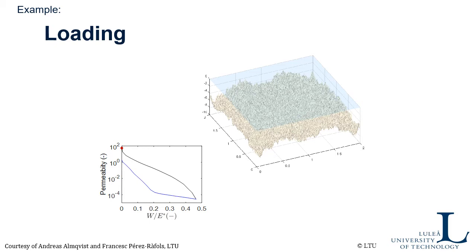We have some examples here from a nice work from Almqvist and Perez Rafols, showing not only multi-asperity contact but also an elastic plastic contact of a surface. So we start here with a surface. Here you have no contact yet. Here's a rough surface down here, and here's the flat upper surface.